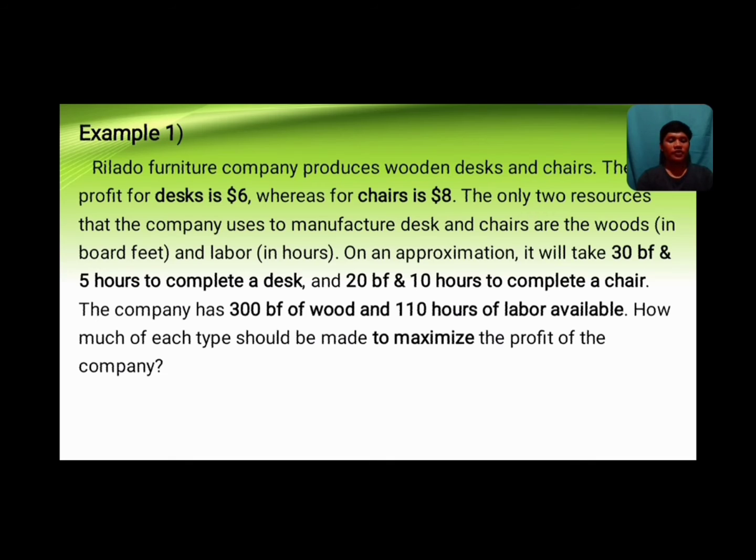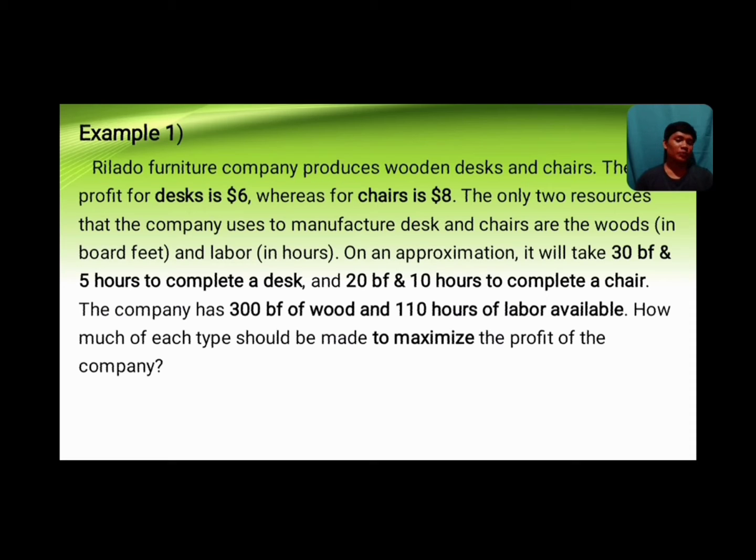The objective function of the company is to maximize profit, and the decision variables are the resources, that are the wood and the labor. So the constraint set can be the limitations on resource availability, which is 300 board feet of wood and 110 hours of labor.